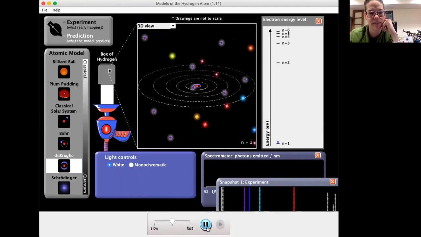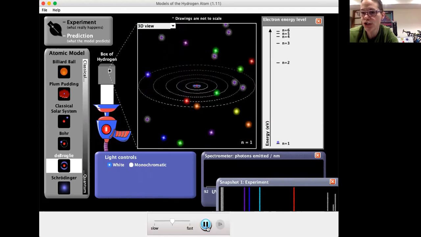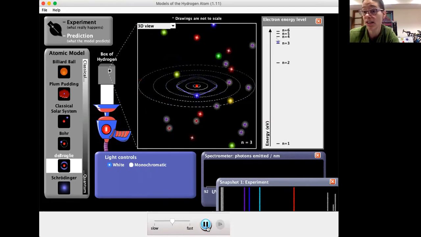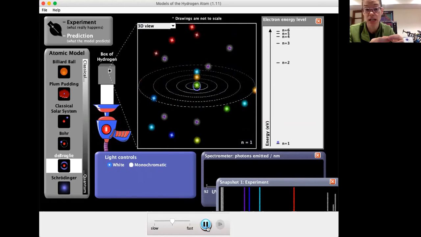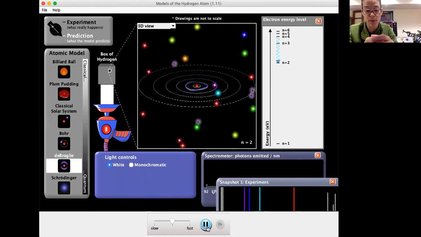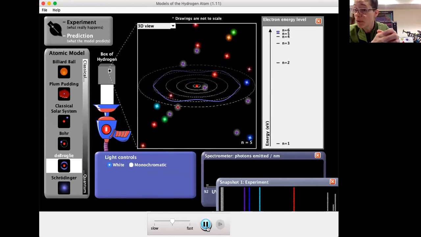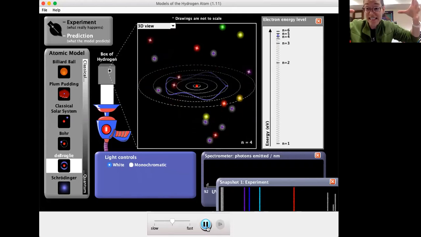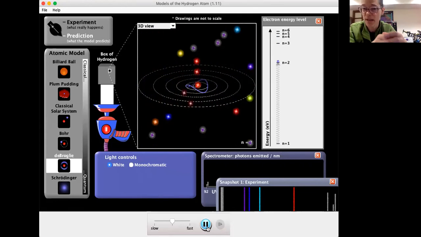There we go. And so if you look, it's like a little string that's vibrating. I actually think it's easier to think of de Broglie's model as a rubber band. You've got a rubber band, and if the rubber band is not stretched at all, it's this tiny little thing. But if you put energy into the rubber band and you stretch it out, that's clearly not stable, and then it's going to snap back in to the middle.